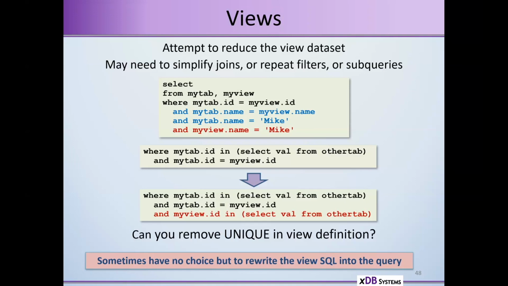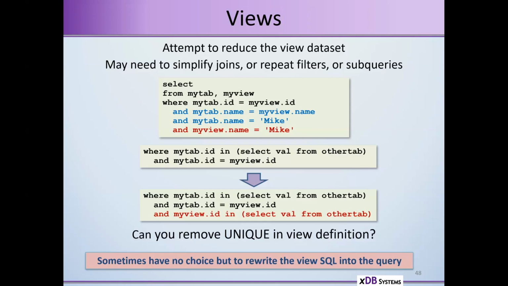But unfortunately, there have been several times when there's been no choice but to rewrite the SQL in the view and embed it into the main query and just do away with the view altogether. I don't really like doing that because you may have business logic in your view, but for performance reasons, sometimes I found no choice.